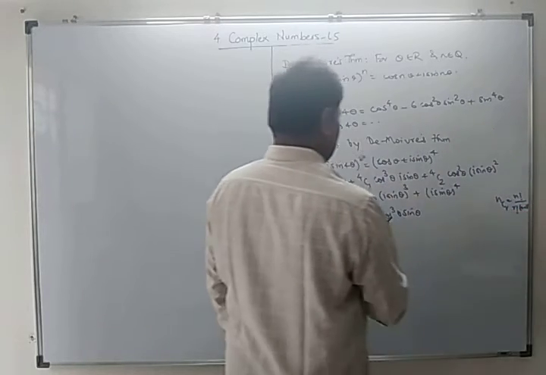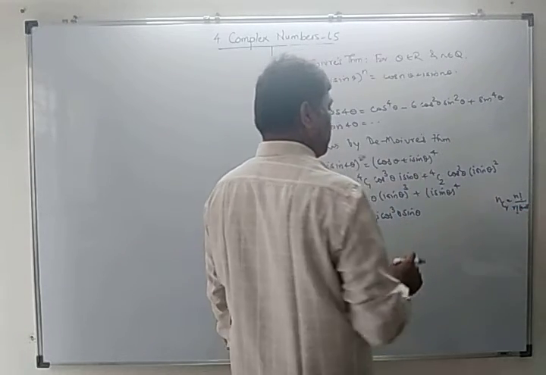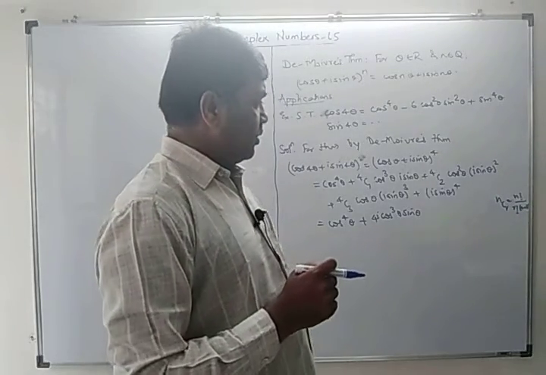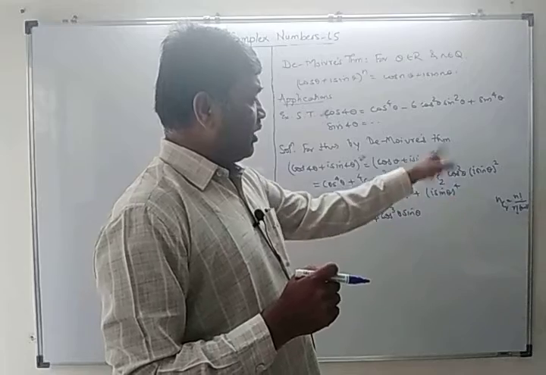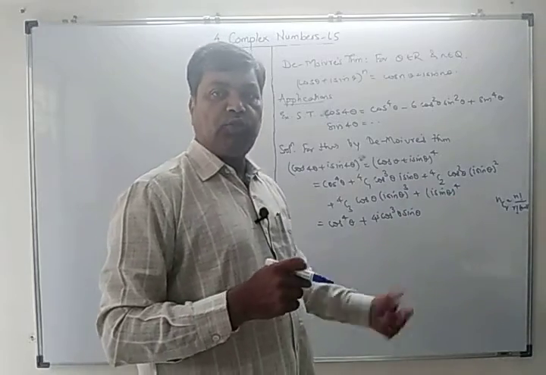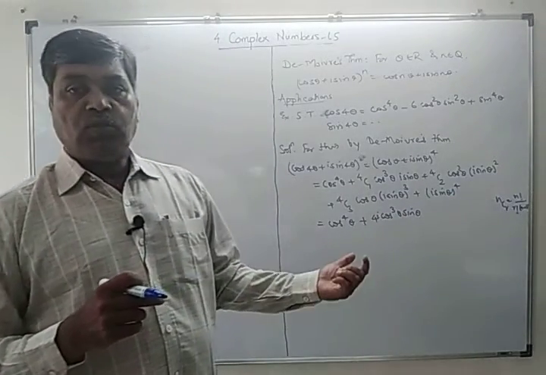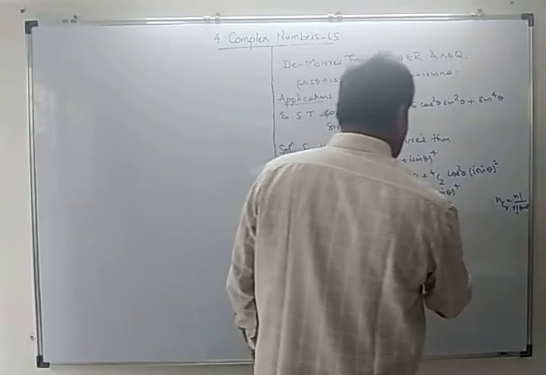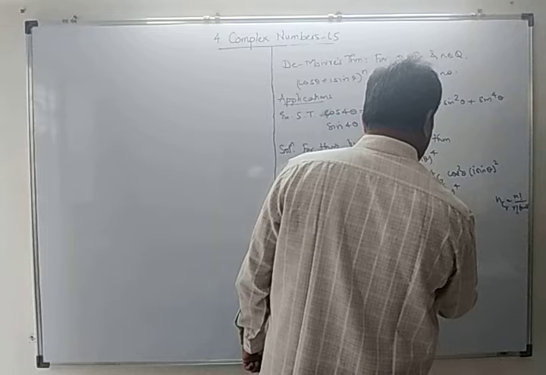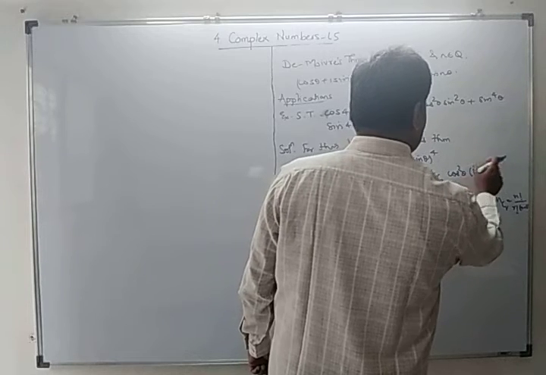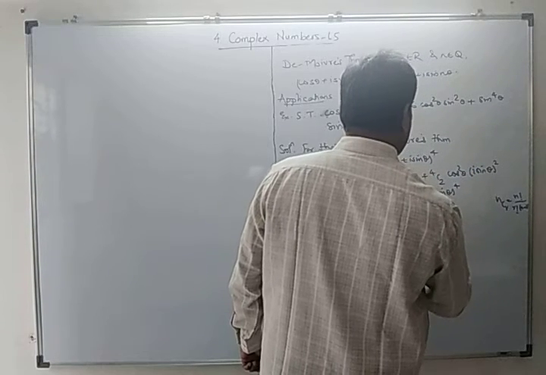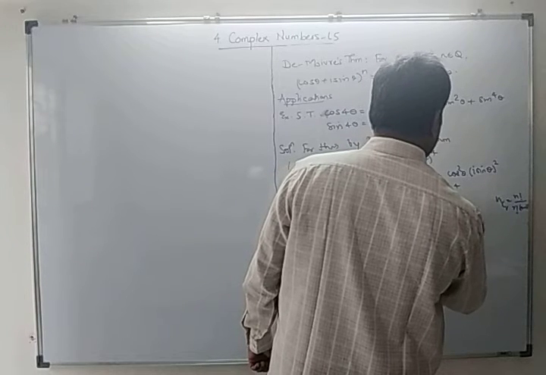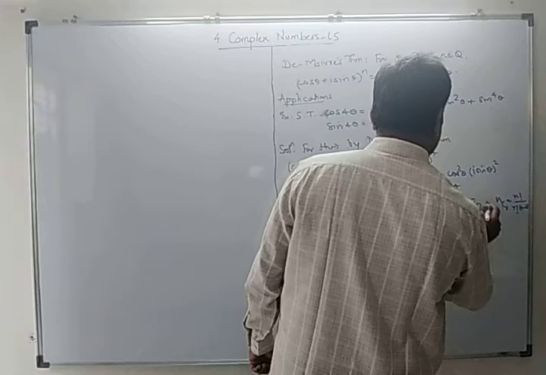By using this, 4C2 is 4 factorial upon 2 factorial into 2 factorial. So 4 into 3 into 2 factorial, 2 factorial gets cancelled. The denominator 2 factorial is 1 into 2. So 4 into 3 upon 2 will become 6. So 6 times your i square is minus 1. So we will get minus 6 times cos square theta sin square theta.